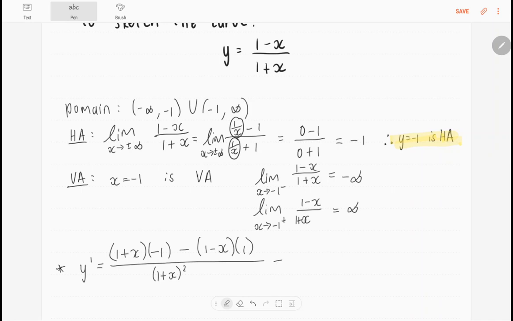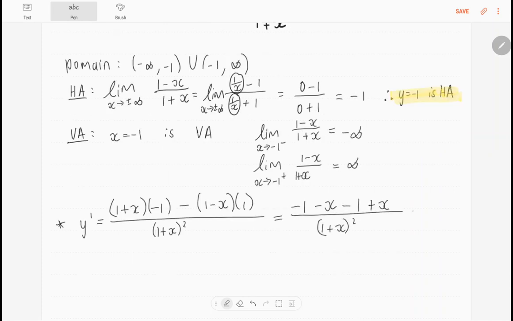This I can simplify, and I'm going to have minus 1 minus x minus 1 and then plus x over 1 plus x squared, which we can write as minus 2 over 1 plus x squared.